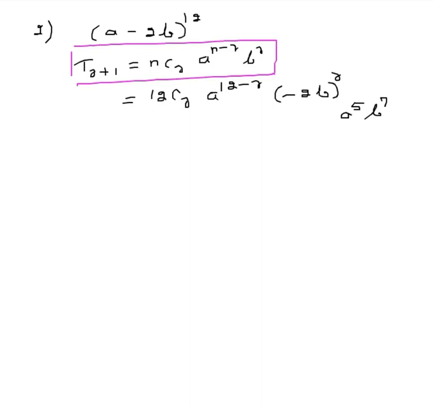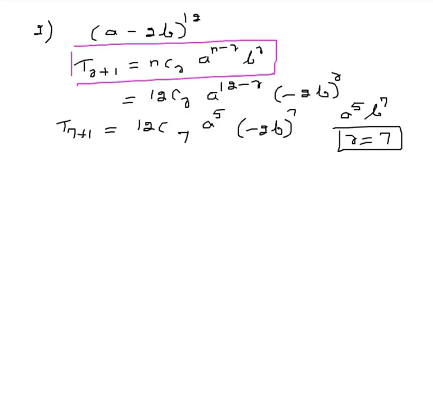Either you equate the power of a, which is 12 minus r, to 5, or the power of b. Here we have the b^r term. So r must be 7. We are finding the eighth term, which is 12C7 a^(12-7), which is 5, times (-2b)^7. We need only the coefficient.